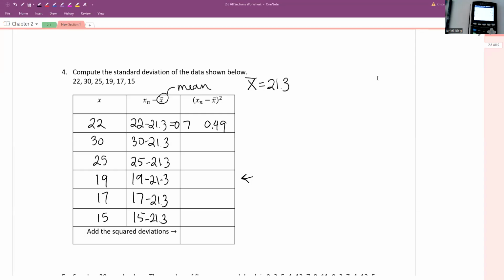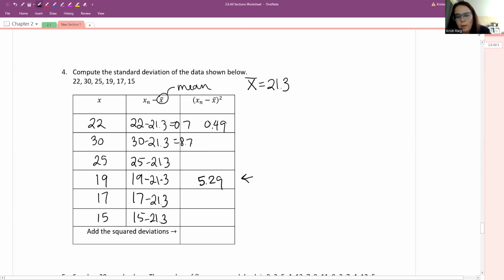And all you have to do is just keep typing things into your calculator. And then I guess we could write them down as well. Okay, so that was 5.29. So I'm just going to keep doing this. I'm not going to show my calculator every time, but I did 30 minus 21.3, and that got 8.7.